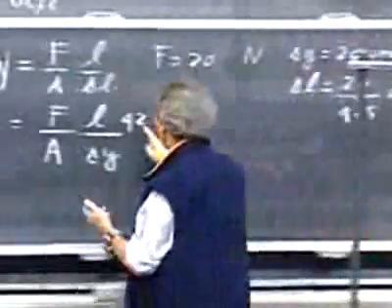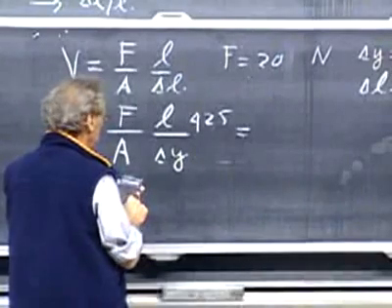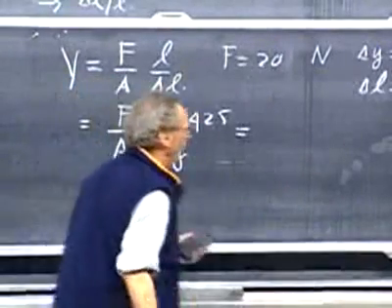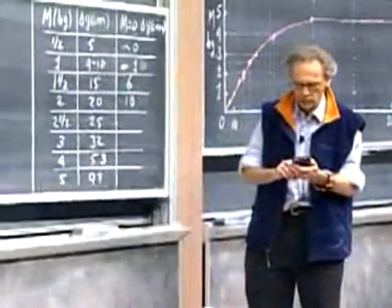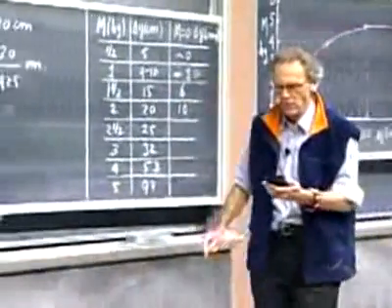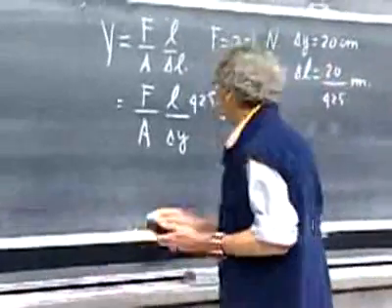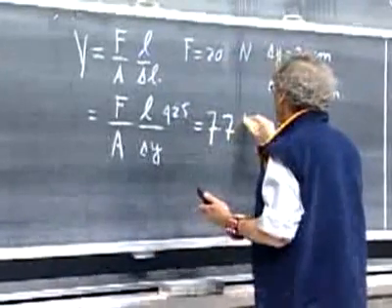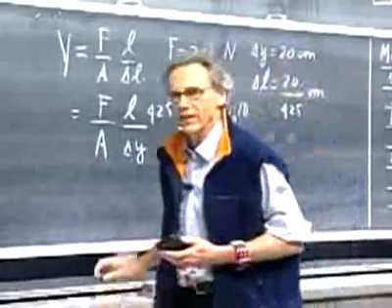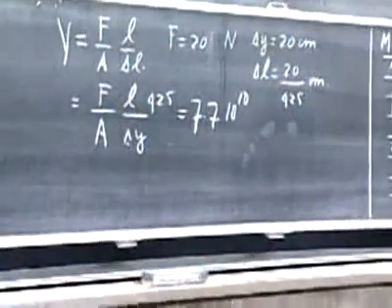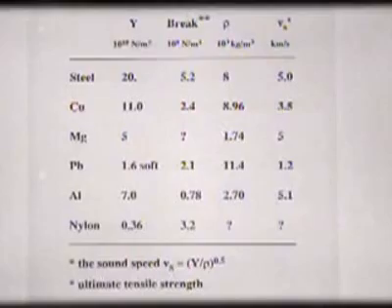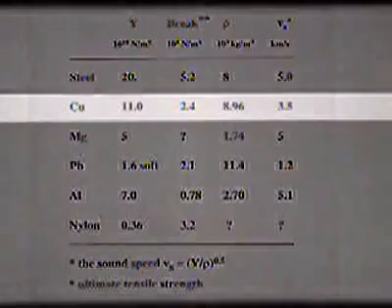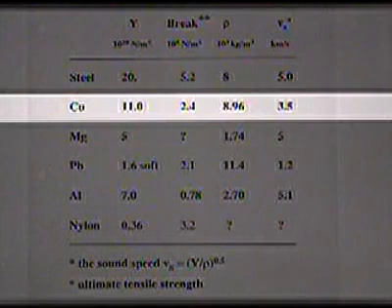I multiply by 425. And I divide by delta Y, but I need delta Y in meters, so that's 0.2. And I get 7.7 times 10 to the 10th. And that is not bad at all. Because I think, from what I remember, it is 11 times 10 to the 10th. That's what it is. So that is quite amazing for such crude measurements that we do here.